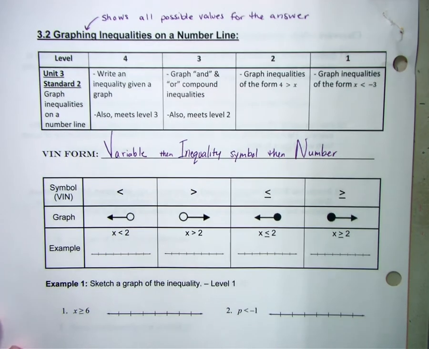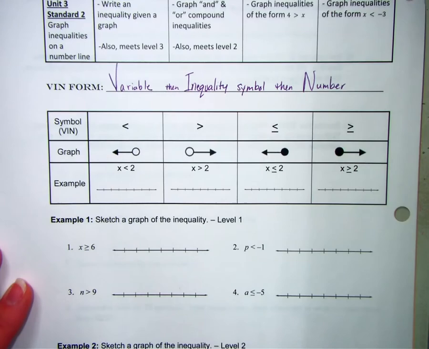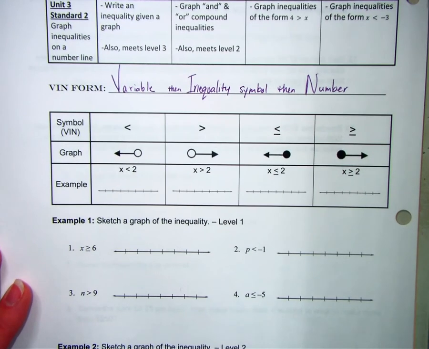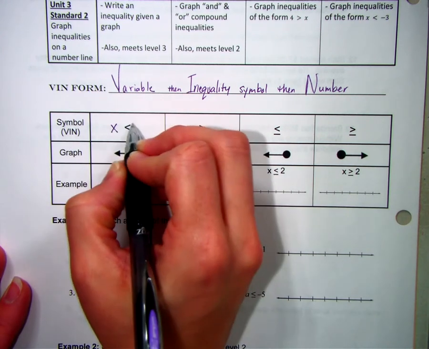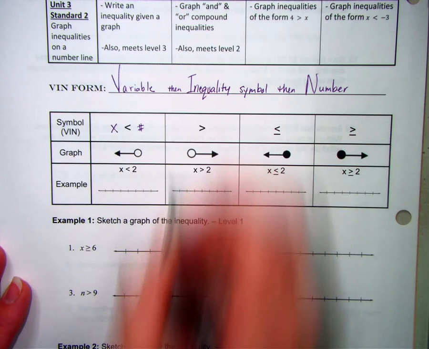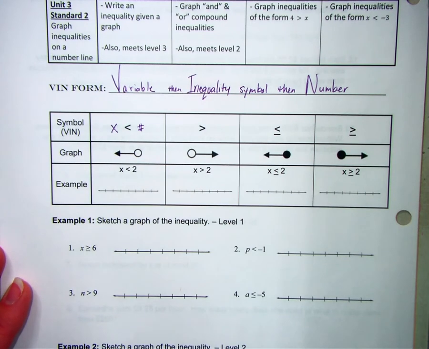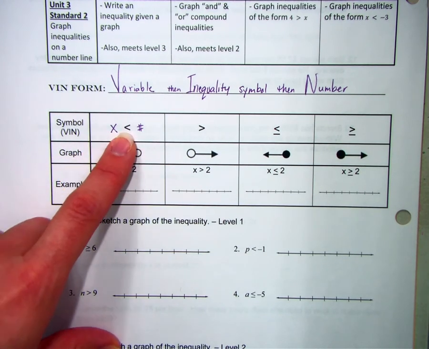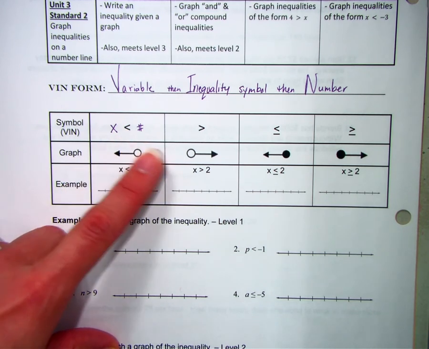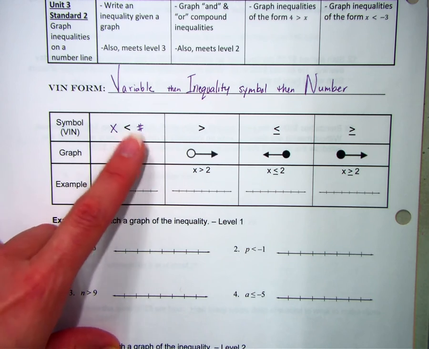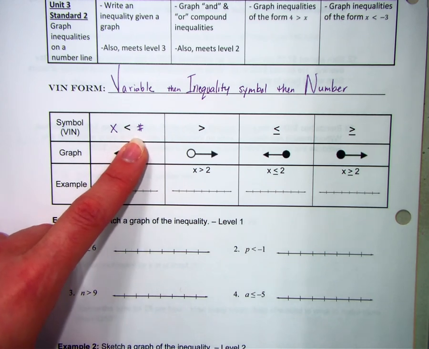So we're just going to graph. We're just doing our level 1s. What we are doing is graphing. Before we graph, I need you to remember everything is in Venn form. So the X is going to be over here, the symbol, and then a number on that side. This reads X is less than 5, 2, 7, whatever. If X has to be less than a number, does that number count as an answer?